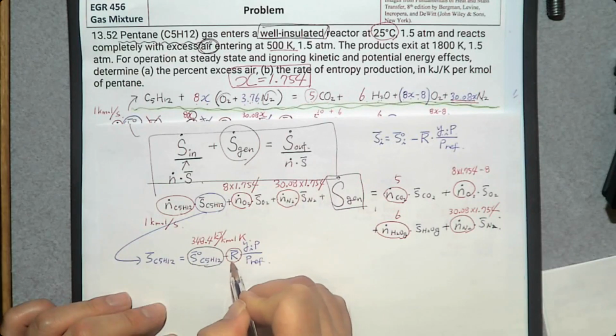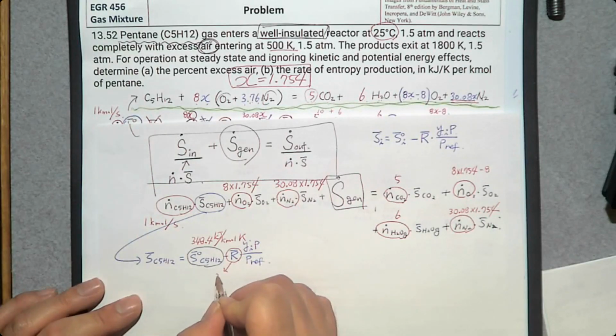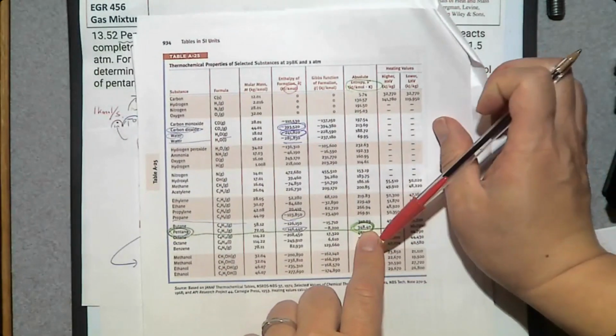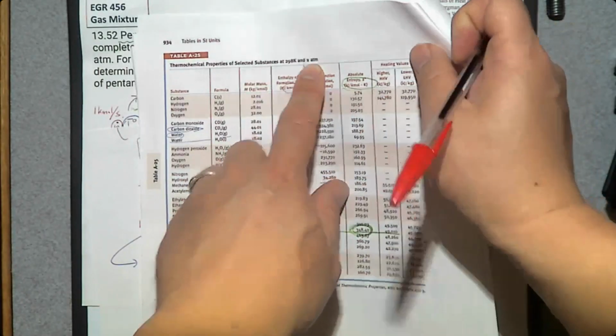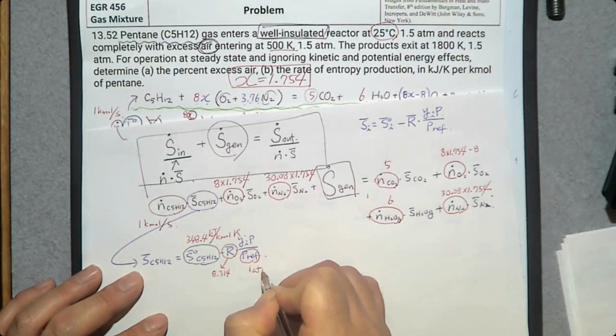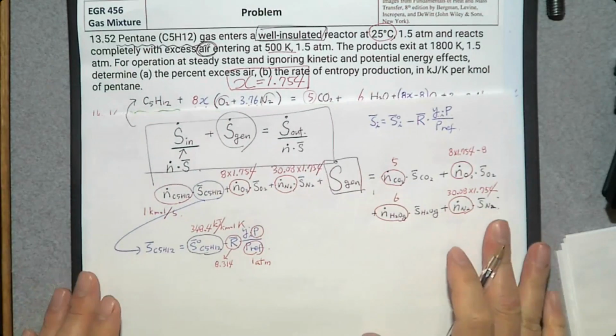What is the gas constant? R bar is always 8.314. What is the reference pressure? This value has been found at 1 atm. What is the pressure of pentane?